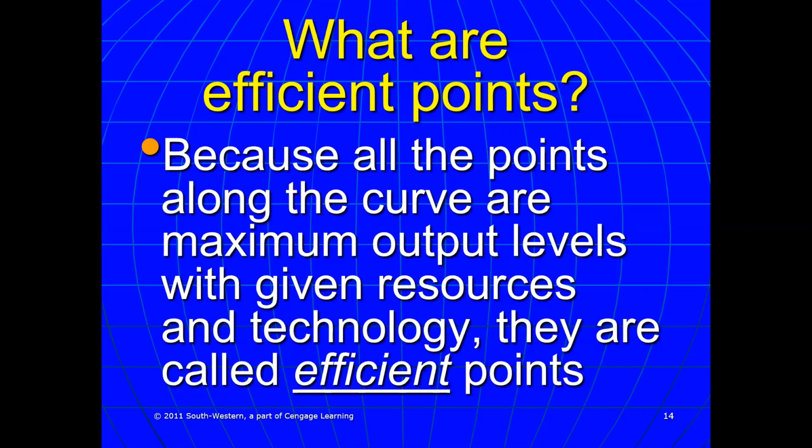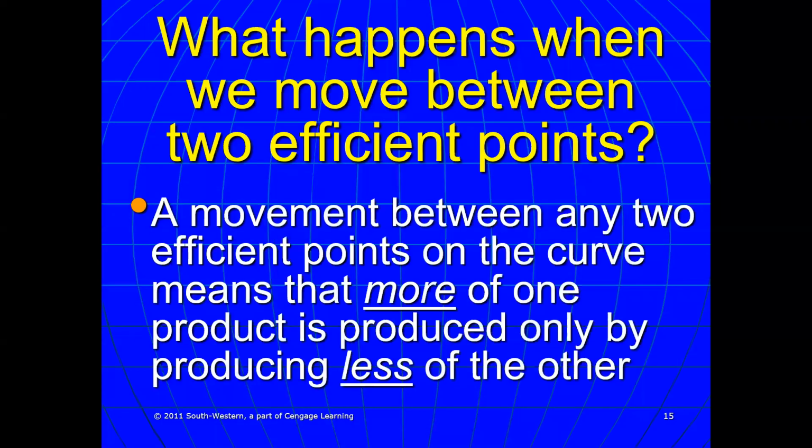All the points on the actual line are considered efficient. So all of our workers are doing what they're supposed to. All the machines are going. Nothing's offline. That's referred to as efficient.